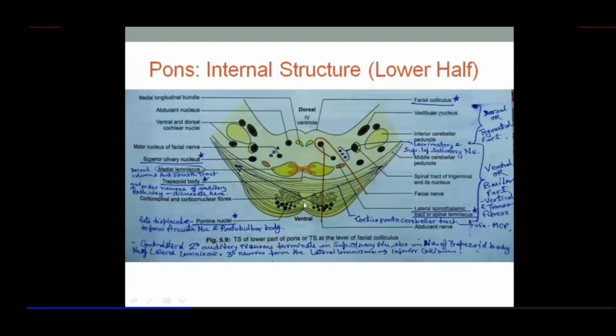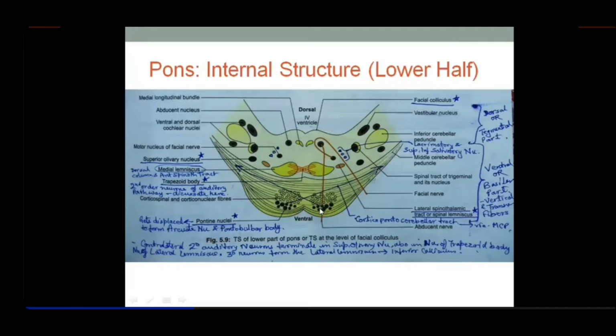Talking first about the gray matter in the ventral or basilar portion of the pons: you find scattered small gray matter, and this is called the pontine nuclei, right?